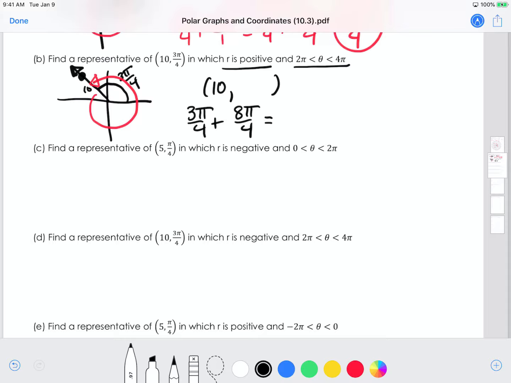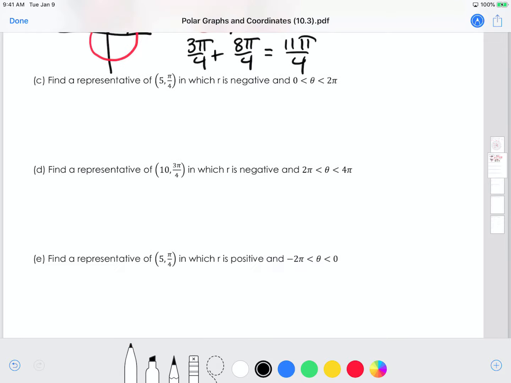And when I add that together, I'm going to get 11 pi over 4. And that is between 2 pi and 4 pi. And so we have this point here that has the same location as 10 and 3 pi over 4, but it's written differently.